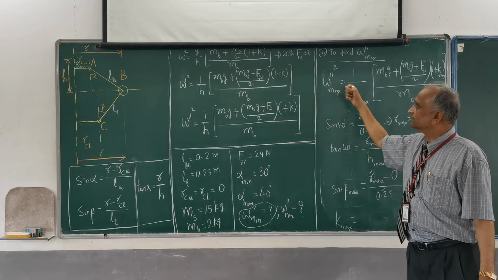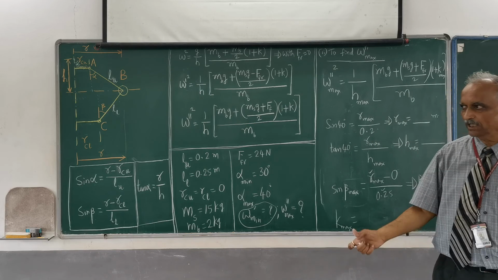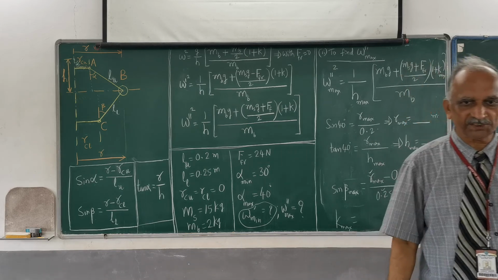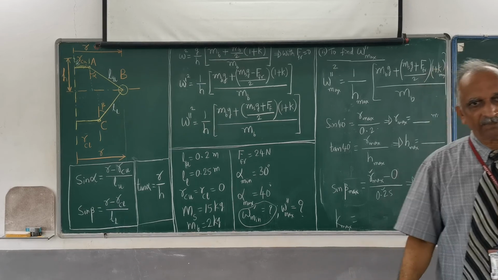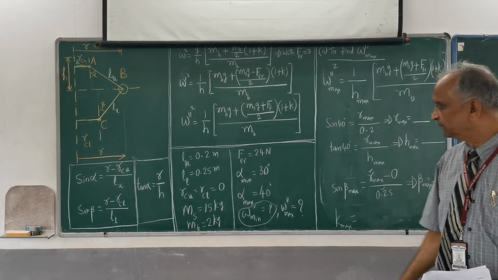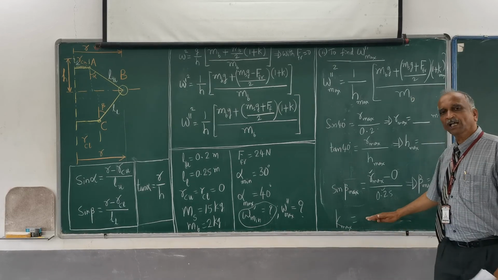So omega max double dash minus omega minimum dash gives the range of speed in radians per second. Similarly, N max double dash minus N minimum dash gives the range of speed in RPM.